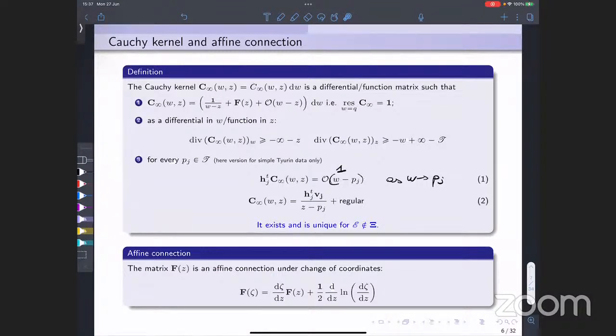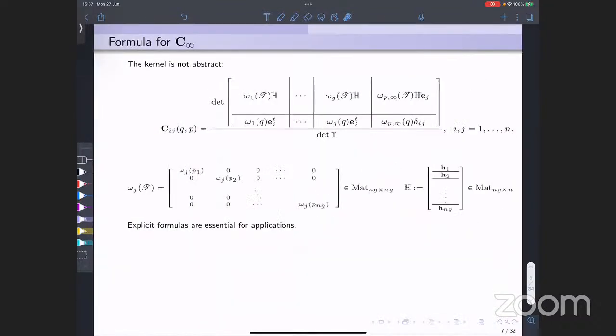Now, to convince you that this is practical, here is the formula for the Koshi kernel, okay? So these are the matrix entries. These are the holomorphic abelian differentials. This is just the data that we had before. This is the third kind normalized abelian differential, and this formula defines the unique object that has the previous properties.